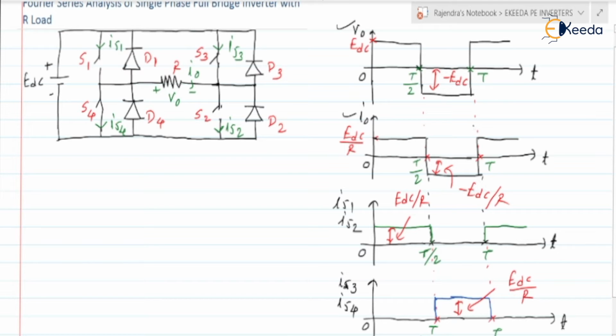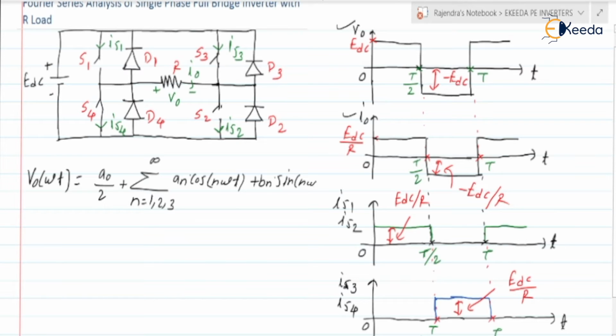As we know, according to Fourier series, any function V0 of omega t can be represented as a0 by 2 plus summation over n equal to 1, 2, 3 up to infinity of an into cos of n omega t plus bn into sin of n omega t.